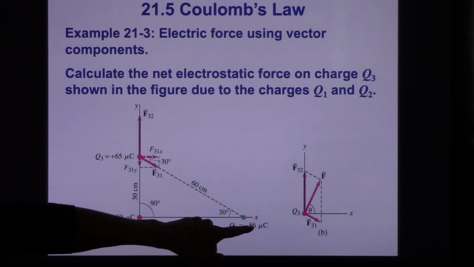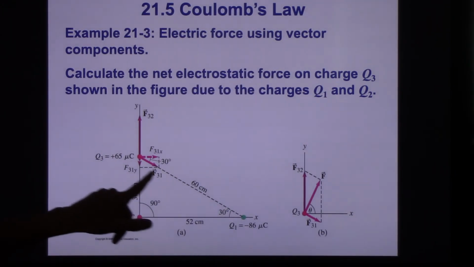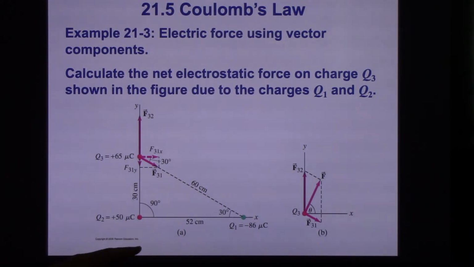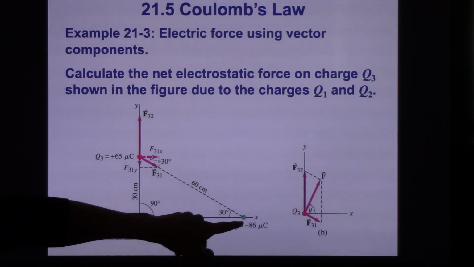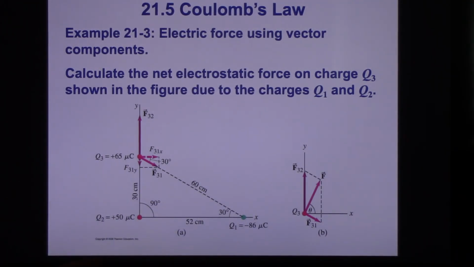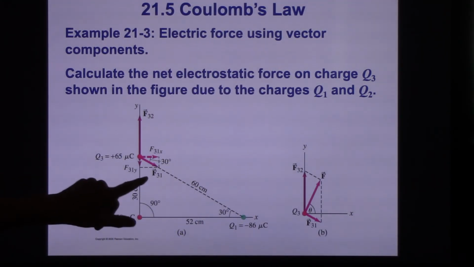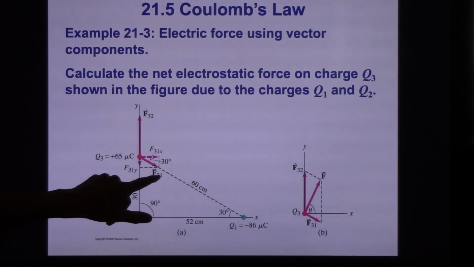Now, what about the presence of charge 1? That's also going to have an effect on object 3. Charge 1 was negative, and so there's going to be an attractive force pulling charge 3 in the direction of charge 1. So that's what F13 is keeping track of.